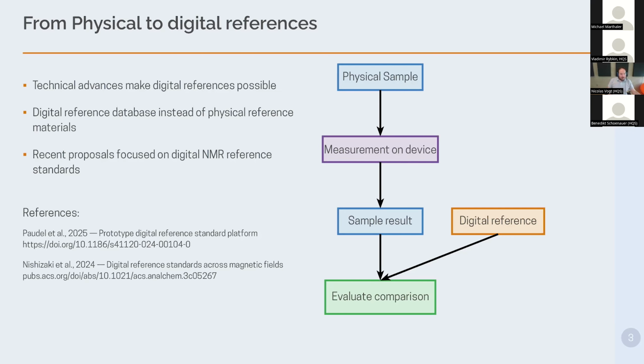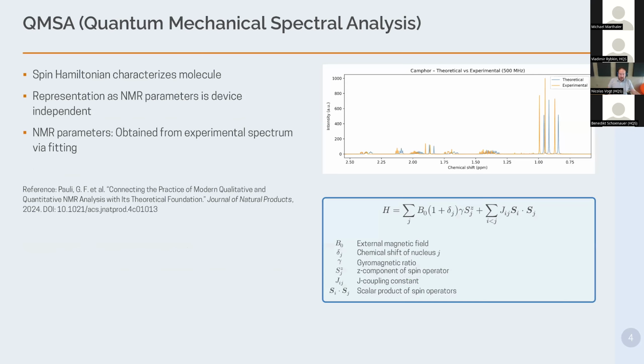Now let's look a little bit more specifically at nuclear magnetic resonance and how we can construct such a digital reference, such a parameterized measurement for nuclear magnetic resonance. And as Michael already mentioned before, if you have such a complicated spectrum, as you see here, you want to parameterize it.